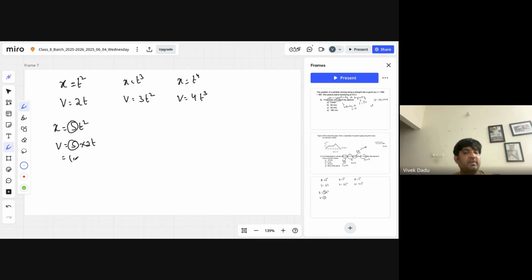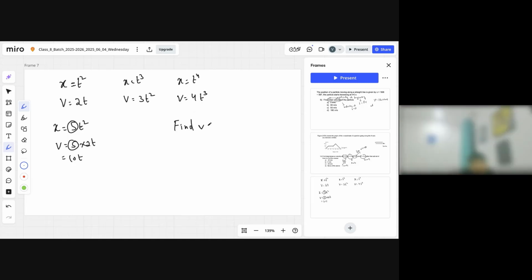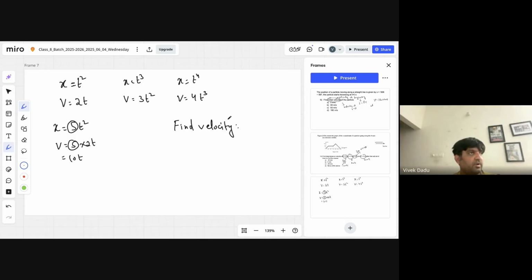So it becomes 10t. So can you apply these patterns in some question and find the velocity? So that's how I found the velocity for the one you gave before. Find velocity time formula for following xt relations.